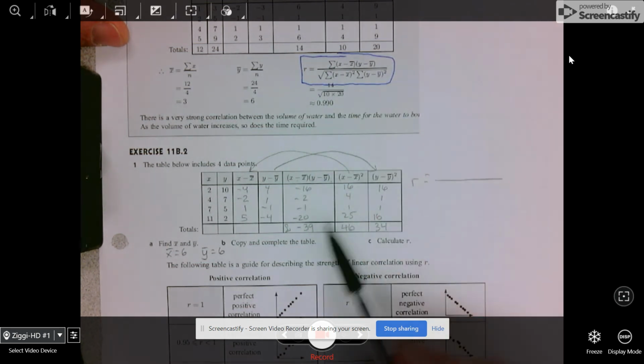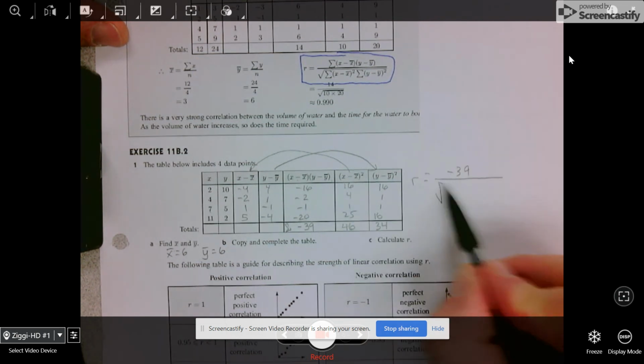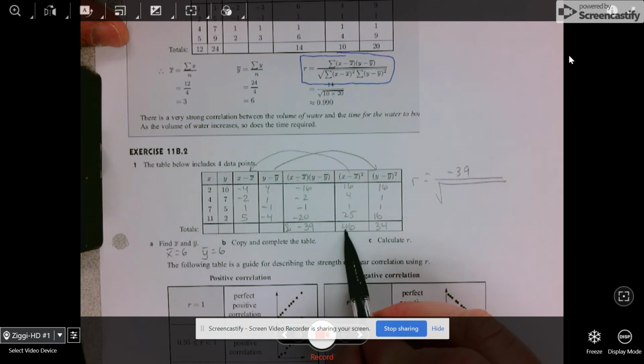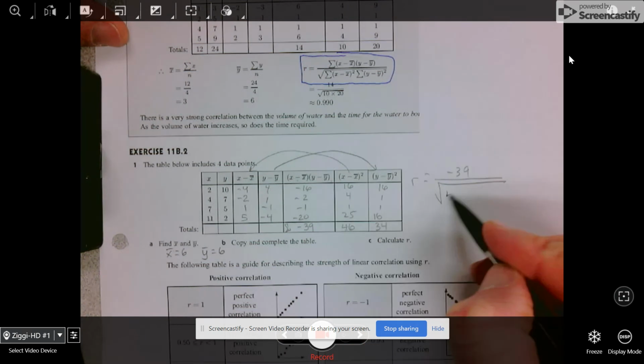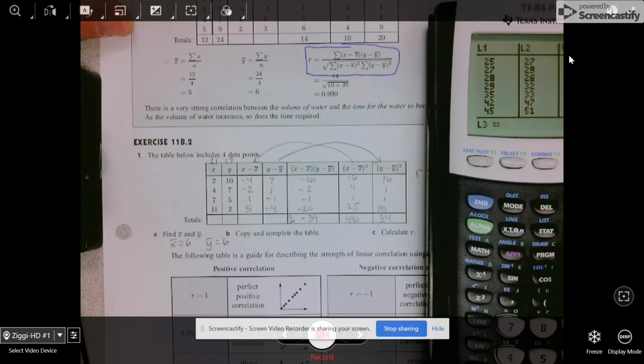So you should get the same R value that you get if you put in list 1 and list 2. So I'm going to do that. Just try to see if I can do this before I run out of time on this video. So I'm going to put in 2, 4, 7, 11. I'm putting it in list 3 and list 4 because I don't want to lose my other list. So stat, calc, linear regression, and I got to change this to list 3, list 4.